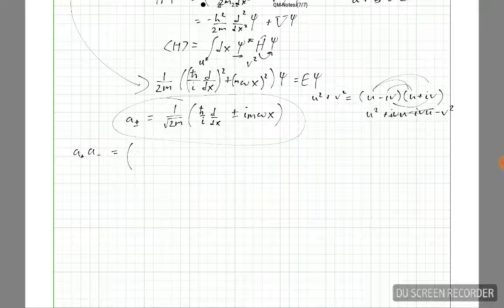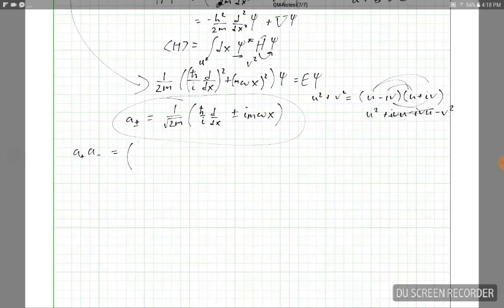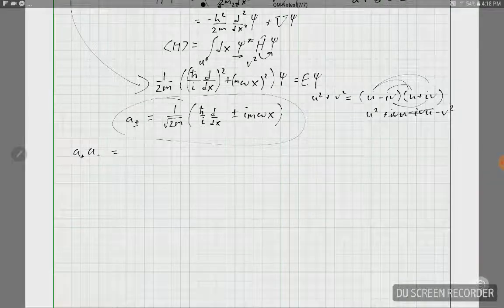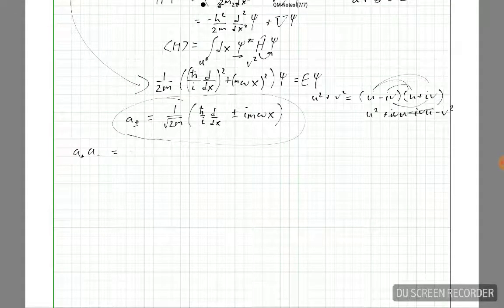So I have my A plus operator times my A minus operator. I'm just going to write them both out explicitly.